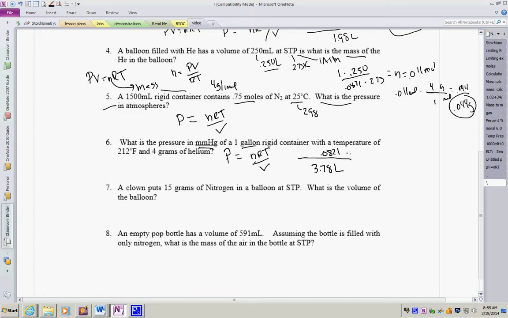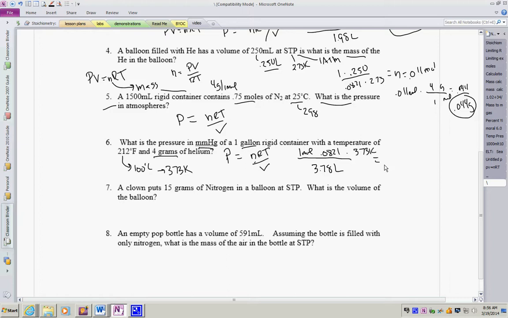Temperature is 212 Fahrenheit, which is the boiling point of water, which is 100 degrees Celsius, which is 373 Kelvin. And number of moles: helium is 4 grams per 1 mole, so we have 1 mole. At that point, you can do the math and calculate. The answer will be in atmospheres.